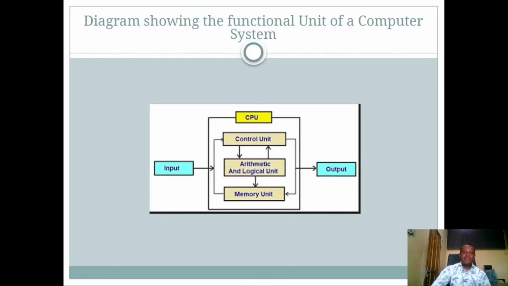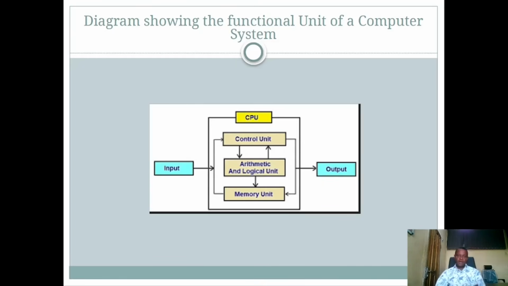There is a diagram on the screen showing the relationship between the input, the central processing unit, and the output unit. On the left hand side of the screen you have the input unit. Then in the middle box you have the CPU, and on the right hand side you have the output.